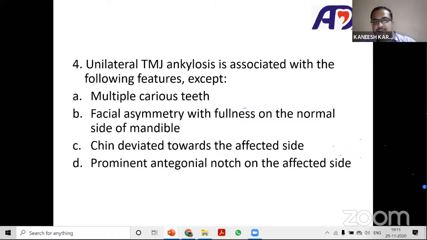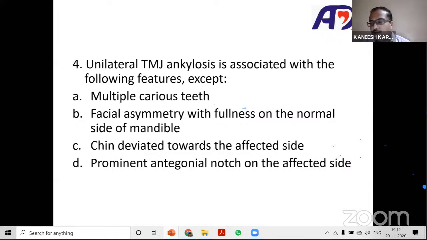Unilateral TMJ ankylosis is associated with the following features except... no, ankylosis will always be associated with carious teeth because the patient will not be able to open their mouth, they will not be able to brush and maintain their oral hygiene.